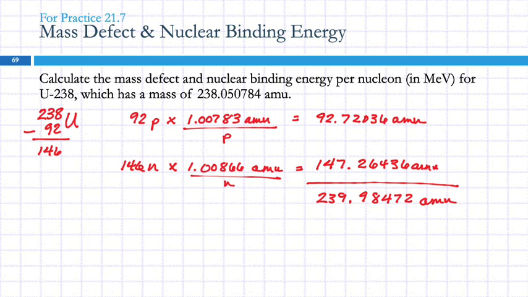So after we calculate the mass of the parts, we're going to subtract the actual mass to find out what the mass defect is. 1.933936.